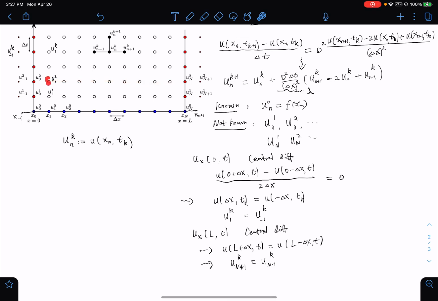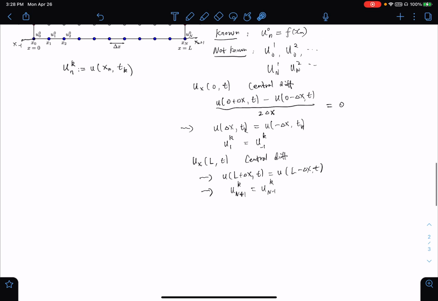And once we have this value, we can use the central difference formula applied to the boundary condition to generate this value. And then this value can already be generated by the recursion formula. So we can generate all the values in between here. And for the next row, we can do it again.